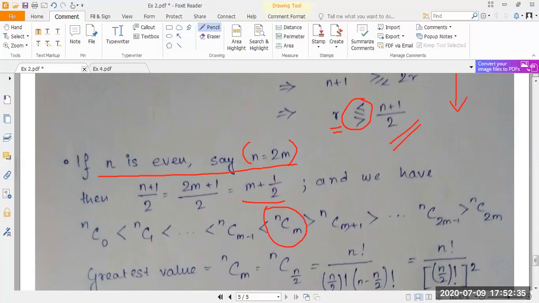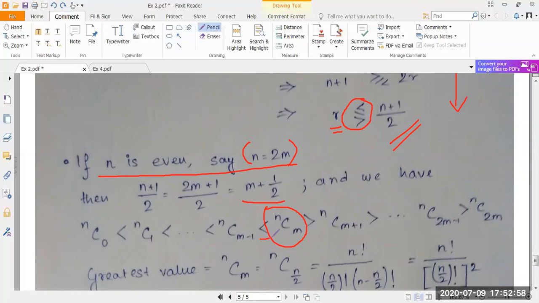As soon as the r value achieves m plus 1, it becomes greater than m plus half, so the direction reverses. I'm not putting this value because it might look like I've put an equal to sign.